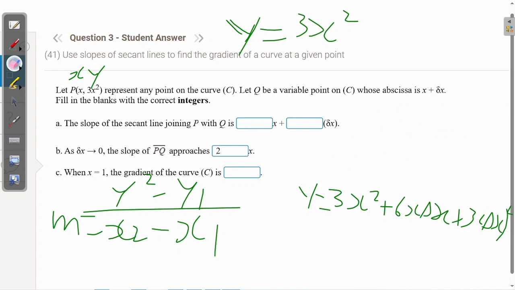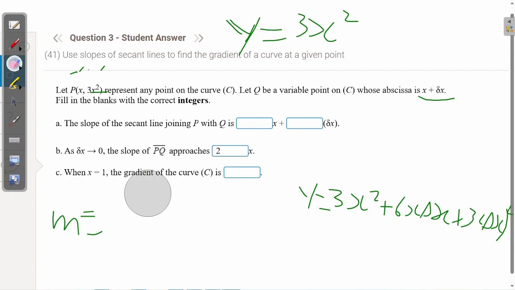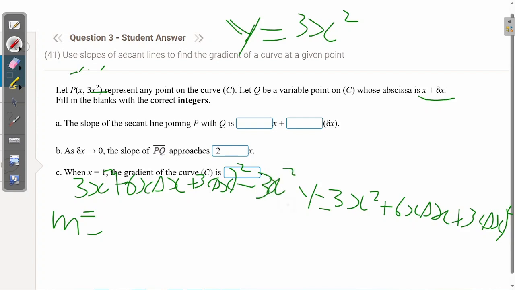Now we know y1, it's 3x². We know x2, it's x + Δx. And we know x1 is just x. So now we can apply the rule. So m is equal to (3x² + 6xΔx + 3Δx² - 3x²) all over (x + Δx - x).